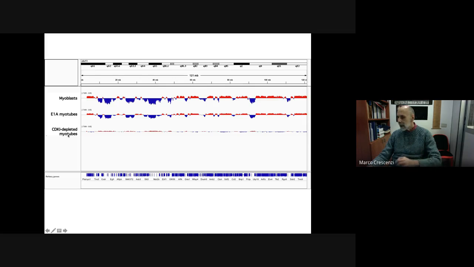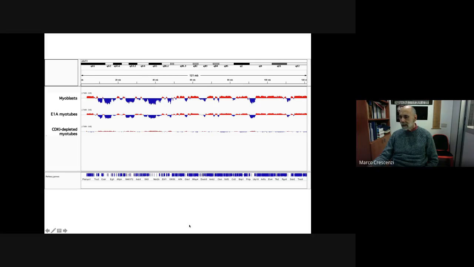They suppress DNA replication timing. So, for reasons we do not understand at this time, suppressing the CDKIs in myotubes does reactivate the cell cycle, but also suppresses DNA replication timing, a timing which would be there if they were reactivated by other means, such as E1A expression.